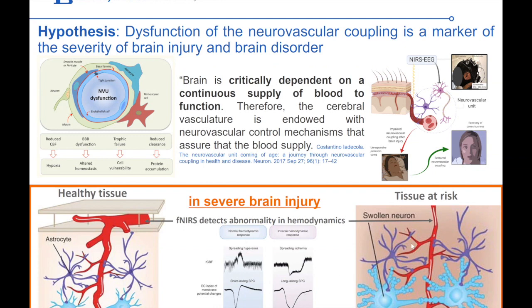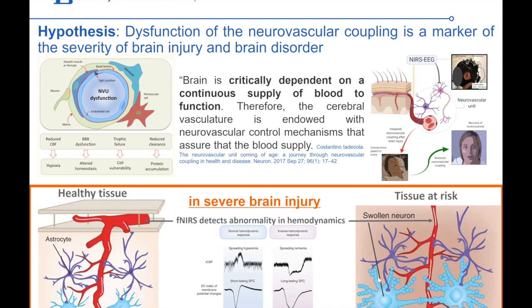On the left is this healthy tissue, where you see the blood vessel, the arteries supplying the blood, the capillaries here, and that's in a network with the neuron through this astrocyte. However, on the right, in this inverse hemodynamic response, the vessel has constricted, and the neurons have swollen because they didn't get the energy to maintain the ionic balance.